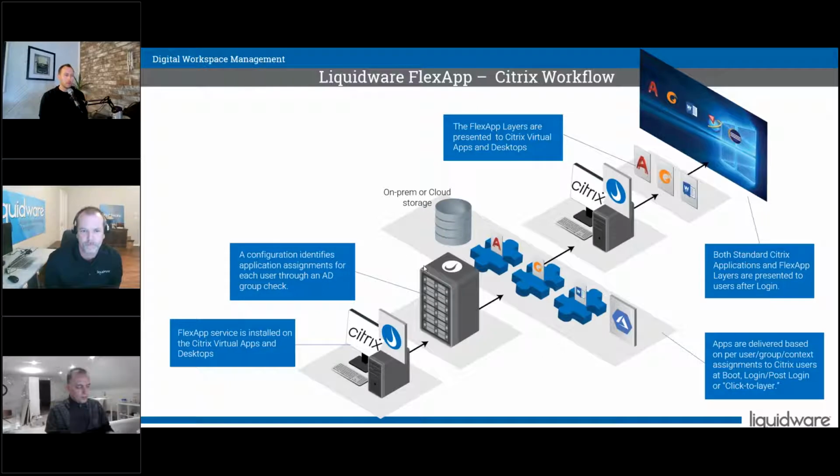Both the built-in applications on your base image or your VDA, and any applications coming from FlexApp will be presented to the users. So really, we have a Profile Unity console where we go through and set assignments. We can also set assignments through the Citrix Virtual Apps and Desktops interface, Citrix Studio, and then we leverage file shares to store your VHDs. And that's really the architecture you need to control FlexApp and Profile Unity.